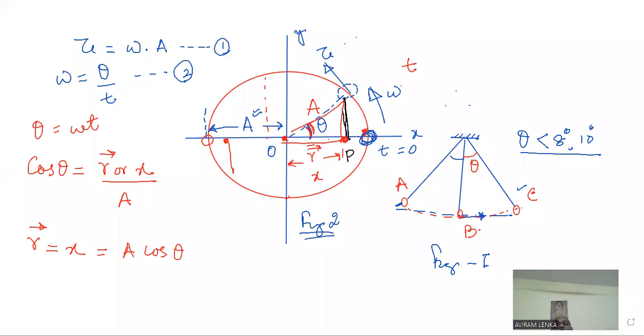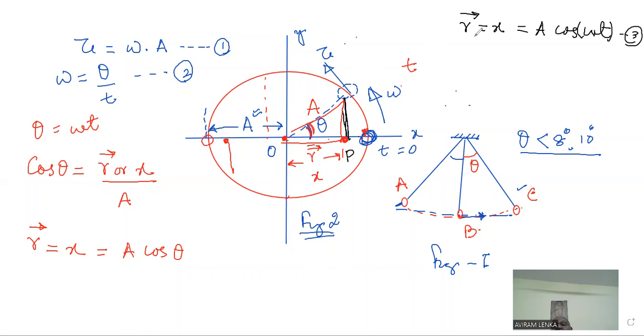We got that the position vector or the x position of the body equals a cos theta. But we know theta equals omega t. That is a cos omega t. That is equation number 3, the main equation that you got.